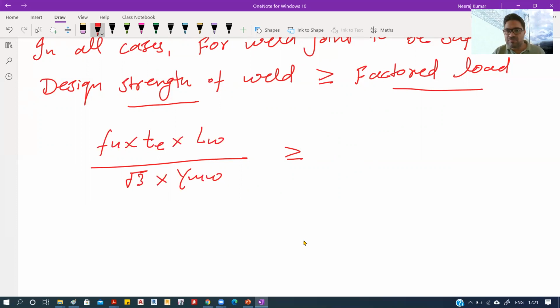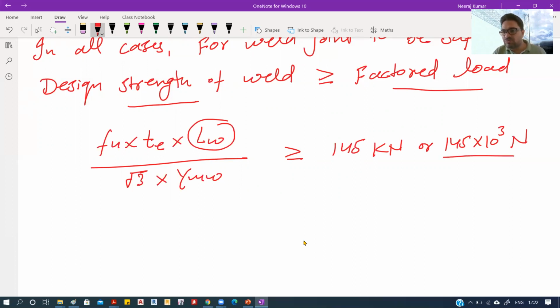Now factored load is given here as 145 kilonewton, or we can write 145 into 10 raised to power 3 Newton. As we require this length of weld in mm, we will use this value.